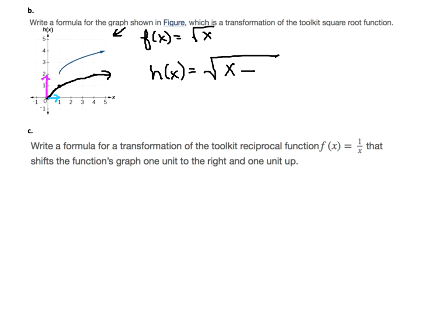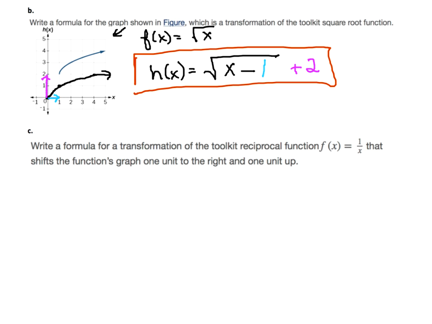That happens, the horizontal shifting happens on the input. So I put a positive 1 for h there. And then I went up 2, which is on the outside of the function because it's the output. I went up 2. Did I say 2 or 1? I went right 1 and up 2.